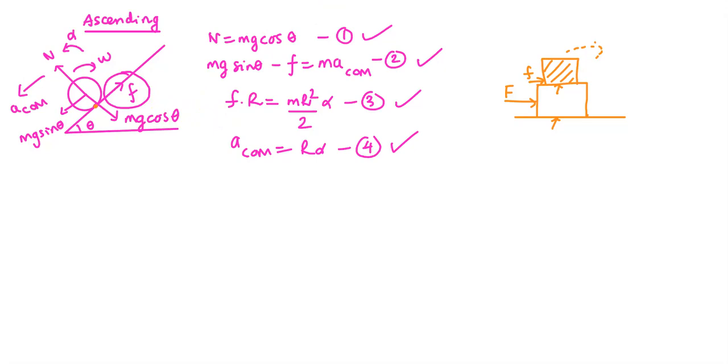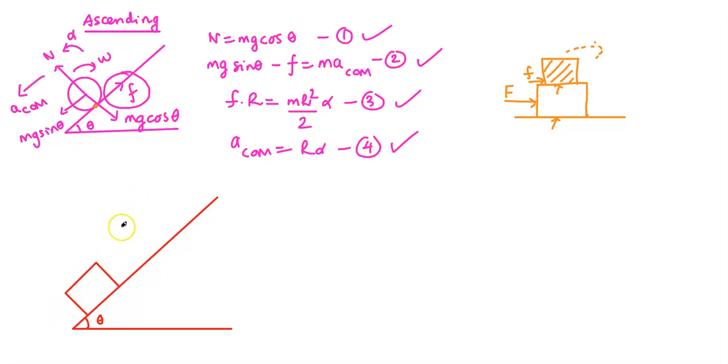Before we finish, I just want to leave you with one thought experiment. We did a harder problem where we considered pure rolling of a cylinder up and down an incline. But let me pose the same question for a cube or cuboid that is just sliding up the incline, and then down the incline.